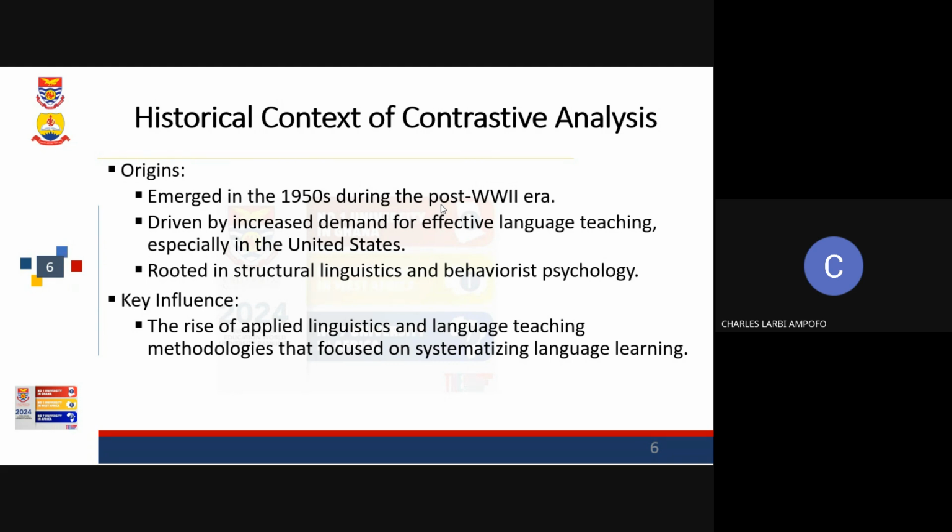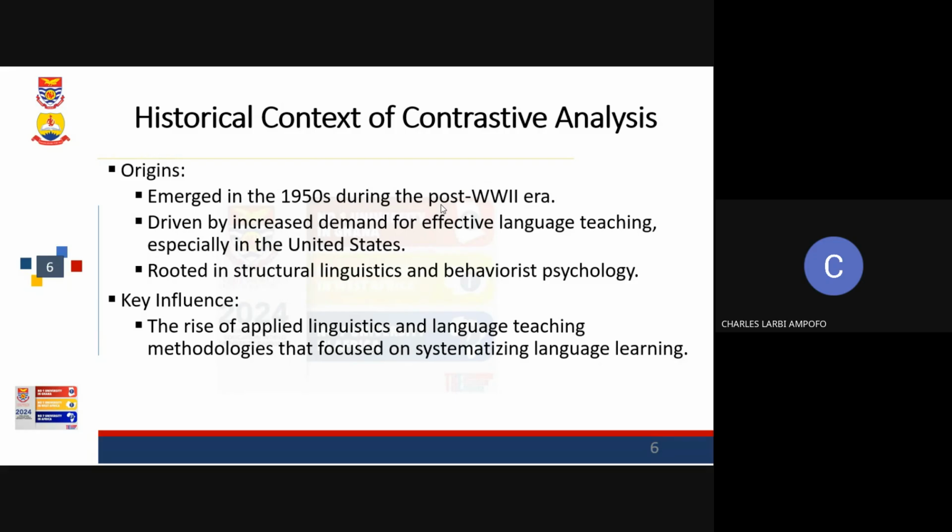People needed to find safety in other countries, and especially people traveled within Europe and also beyond Europe. So people moved to America and all that. Some people during this time were sent as spies. But after World War II, there were a lot of people who had migrated, especially to the United States, and there was a demand for effective language teaching. People now began to think that they needed effective teaching of the language, probably the English language.